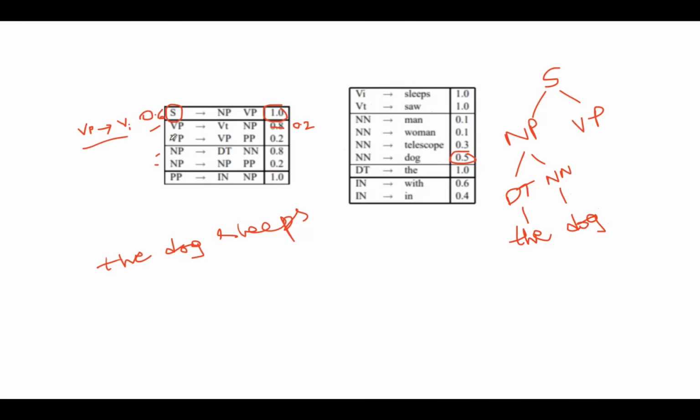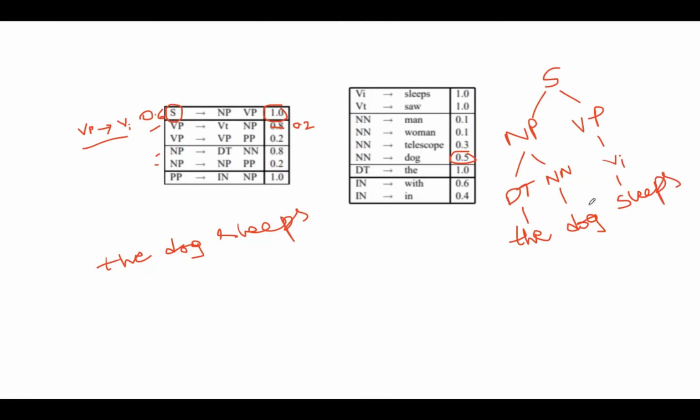Then VP. We have 3 different ways, and VP derives VI has the highest probability. According to the sentence, we have a verb, so let us take VI, and from the table, VI derives sleeps.